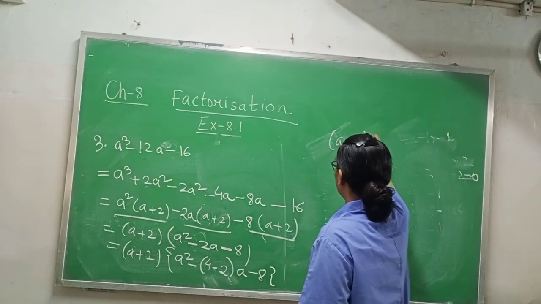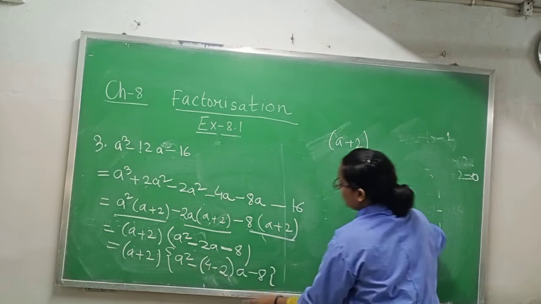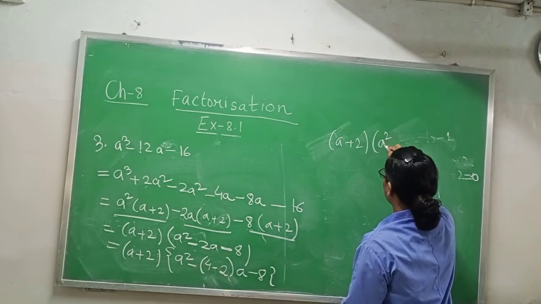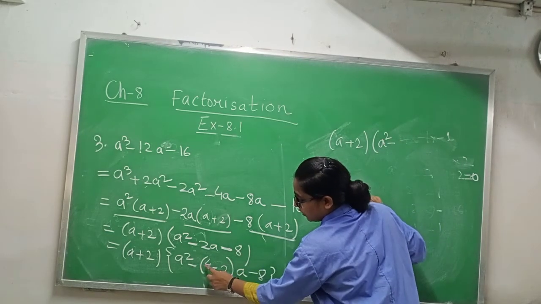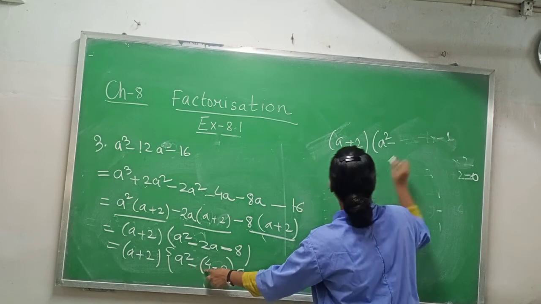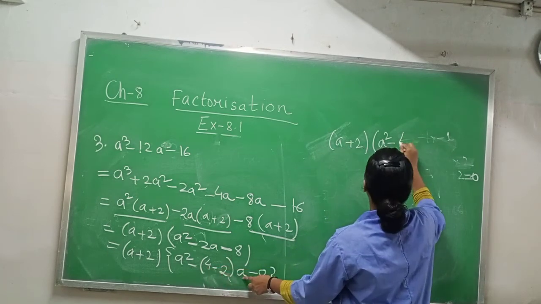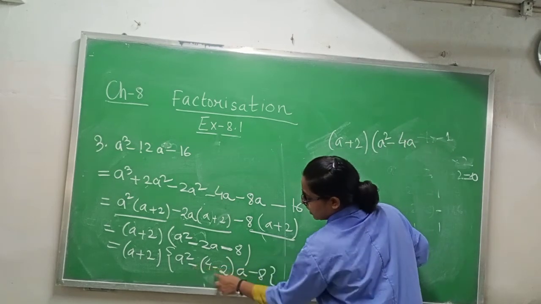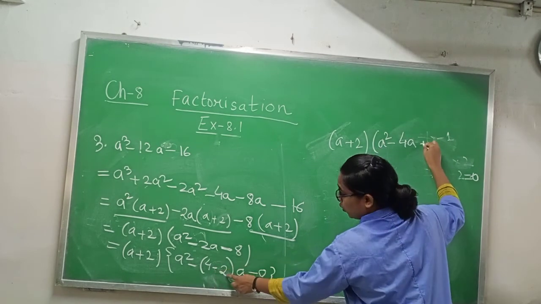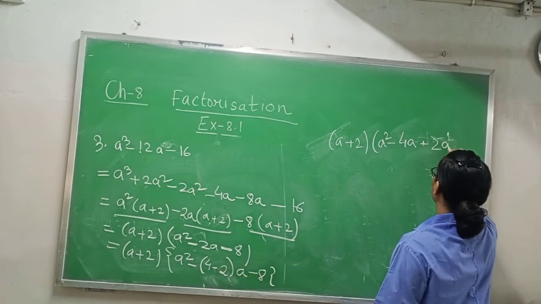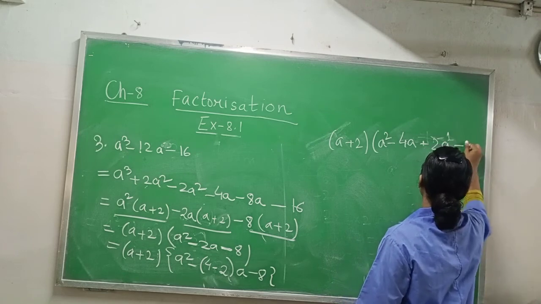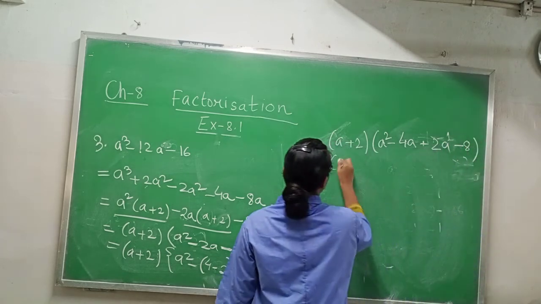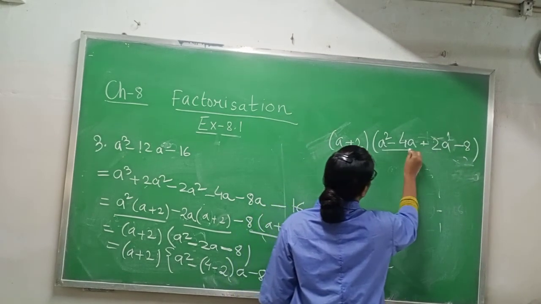Now a plus 2, I am opening the bracket. Okay. A square minus, with 4 you have plus sign, minus plus minus 4 into a, 4a. Again minus minus plus 2 into a, 2a. Then minus 8. Now from the first row you have to take common.